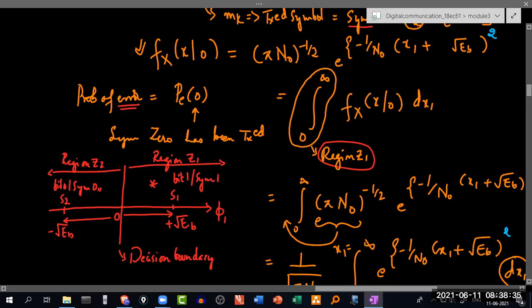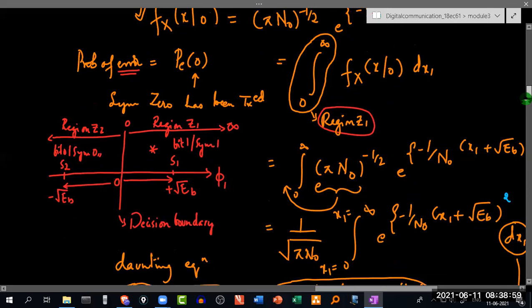So I'm integrating this conditional probability of the observed point given that the transmitted message is 0 over the entire region Z1, which starts from 0 and ends at positive infinity. That is why we are considering these limits.